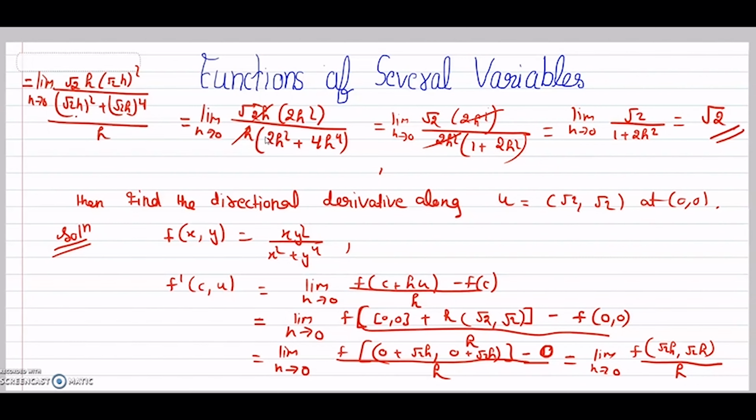So under root 2 has come, directional derivative along u which is equals to under root 2 at 0, 0.